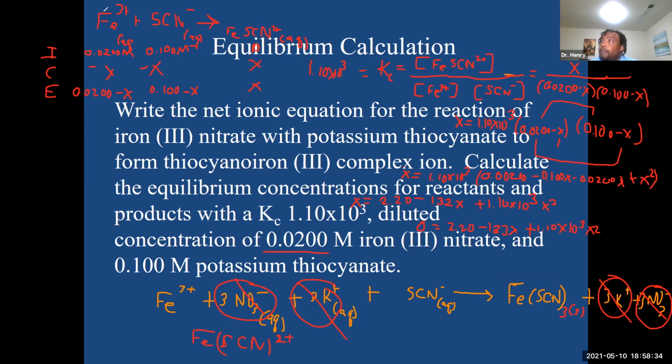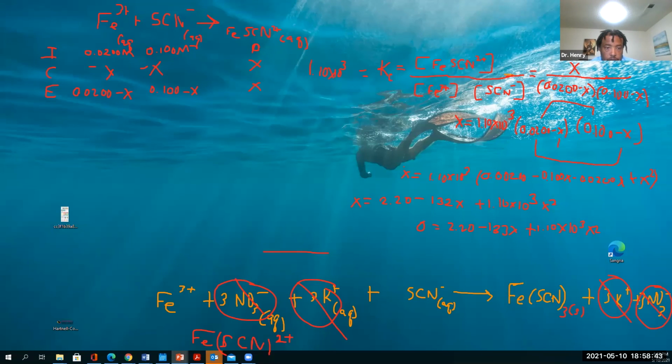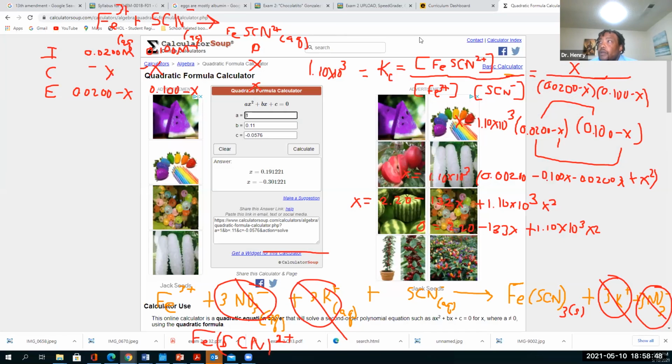So if we plug those values into our equation, okay, so we had for our A, it's going to be 1.10 e to the third.